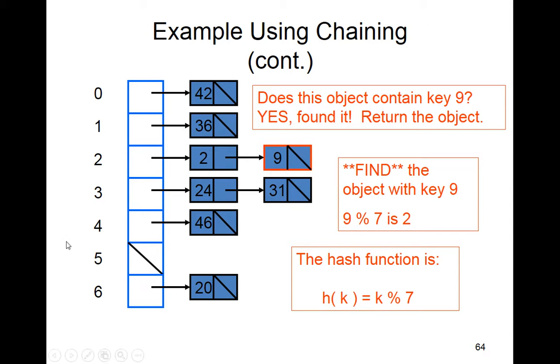The common thing to do is mod by however big your array is, in this case 7, because then you end up with a remainder of 0 through 6, which is perfect, because that tells us, for row 4, for example, those are the things that have a remainder of 4 when you're dividing by 7.